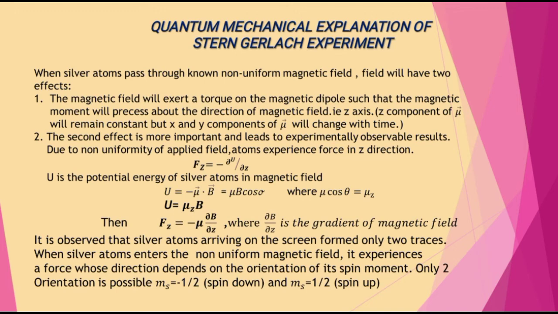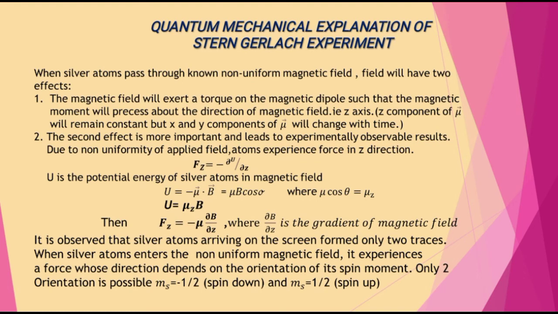Now we can write μ cos θ as μZ, μ along the Z direction. So the equation becomes U equal to minus μZ B. Then our equation Fz can be written as μZ ∂B/∂Z, where ∂B/∂Z is the gradient of the magnetic field.